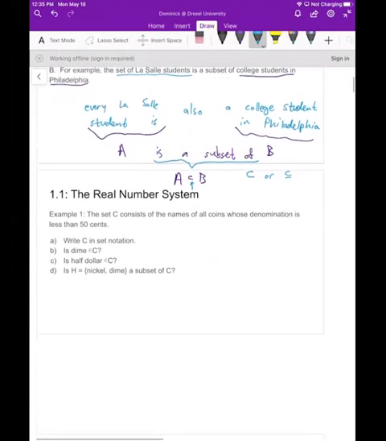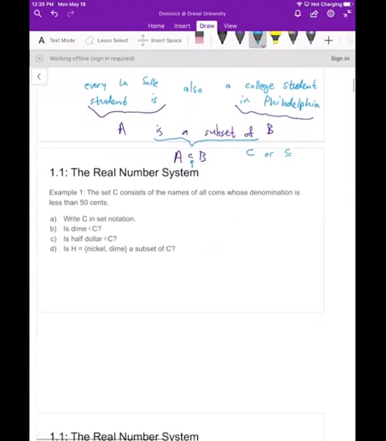Okay, so let's look at another example involving sets. Here we're going to talk about the set C, which consists of the names of all the coins whose denomination is less than 50 cents. In part A, we want to write out what C is in set notation, and all we mean by set notation is to use the curly brackets. We want to think of all of the coins worth less than 50 cents.